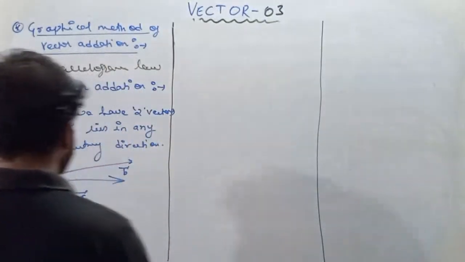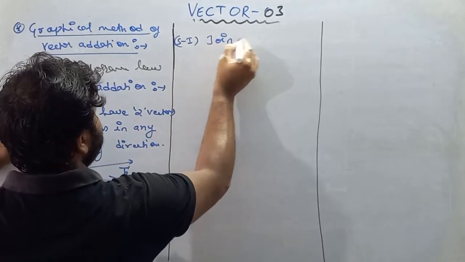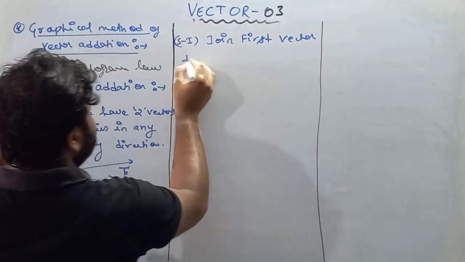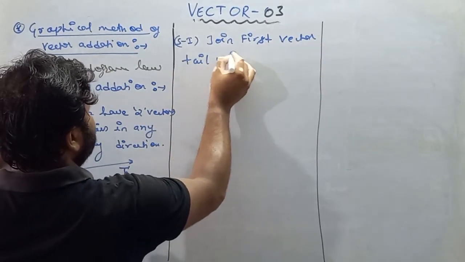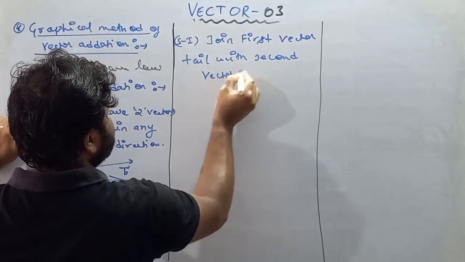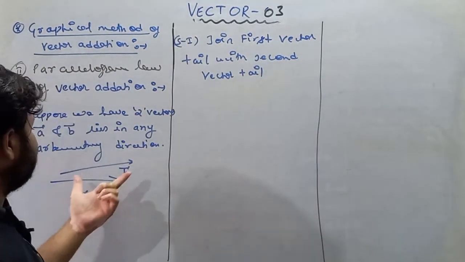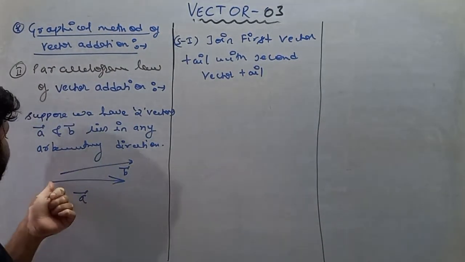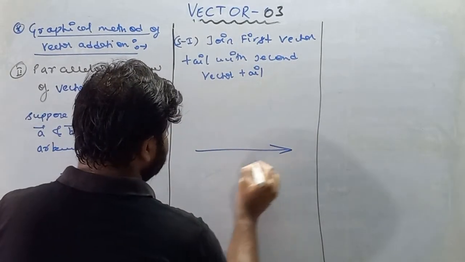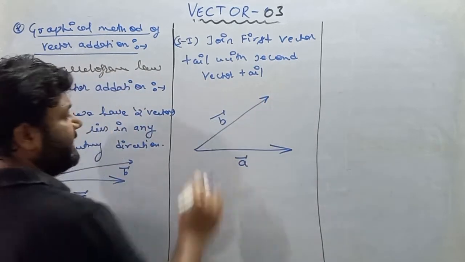So step 1 is join first vector tail with second vector tail. So we have two vectors, my dear student, here it is A vector and B vector. You have to join first vector tail with second vector tail. So this is our first vector and this is our second vector, A vector and B vector.